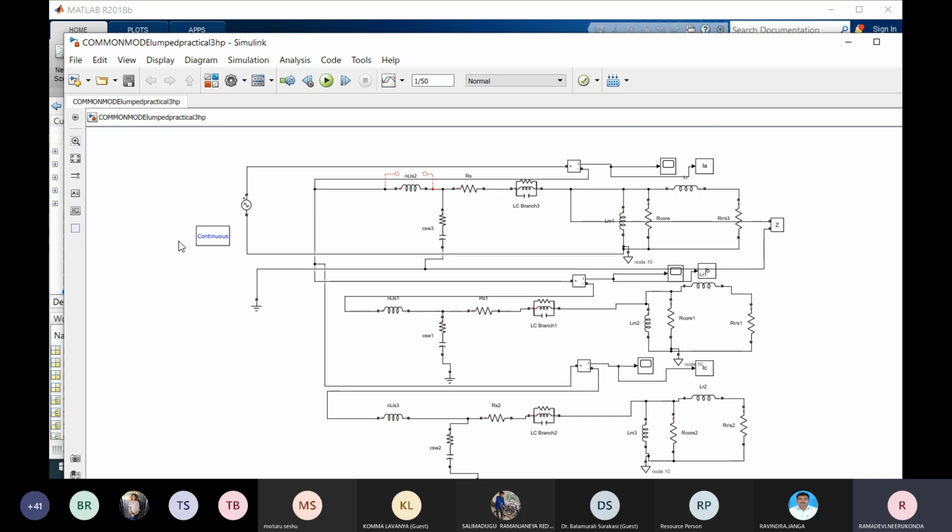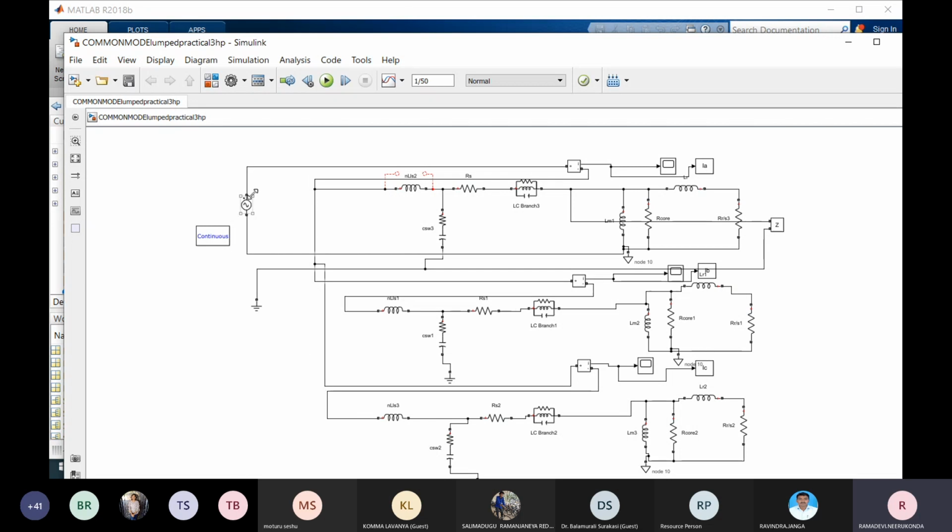Okay. So we excite this with a single phase value, because whenever we measure impedance, we require the ratio of voltage and current. So in MATLAB, that voltage is given as a single phase supply for this circuit, because we tied all the three phases.